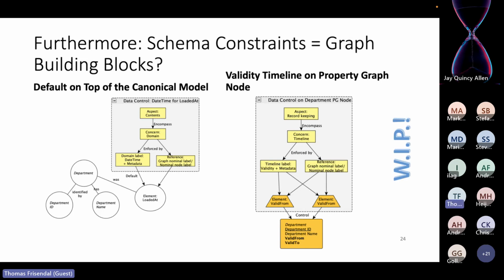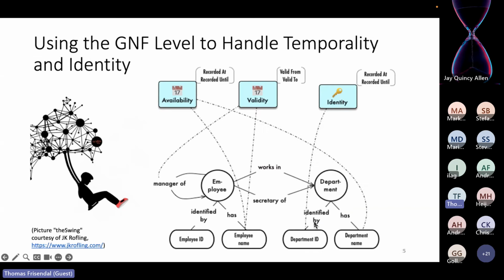Using this, you can build little graphs, data controls, I call them. It's metagraphs we're talking about, that control both the canonical model and the implementation models. They can look like this. Here we have a canonical model.